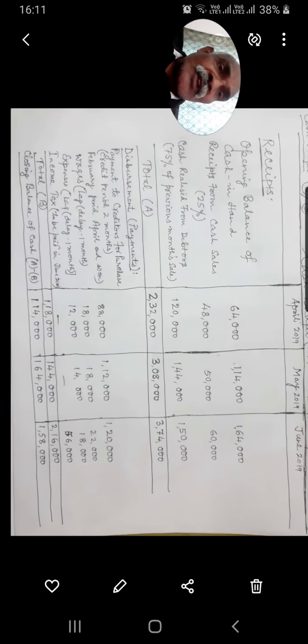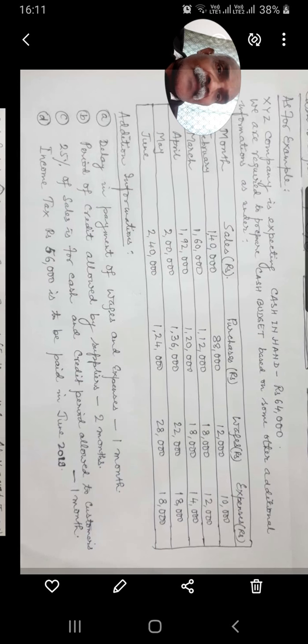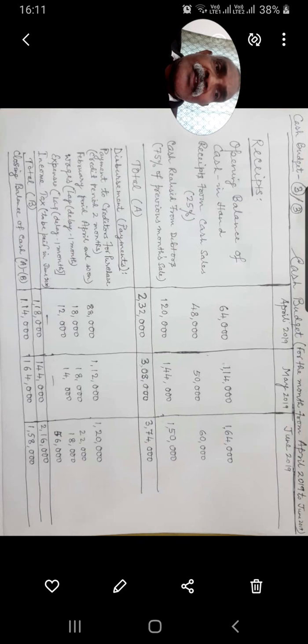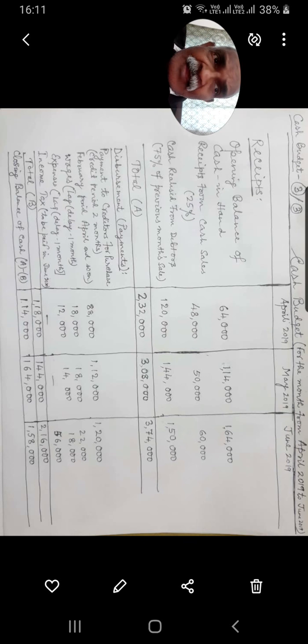So the total is 1 lakh 92,000. When you add 144,000 plus 48,000, that will be equal to 1,92,000 rupees.